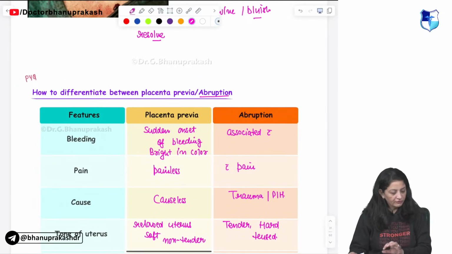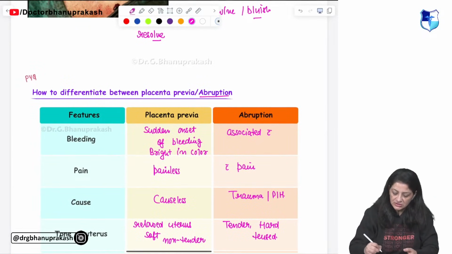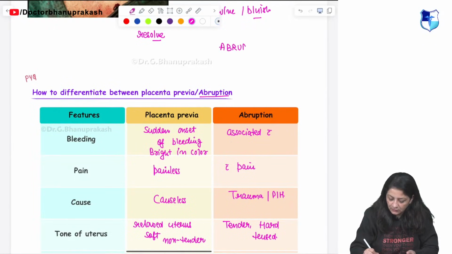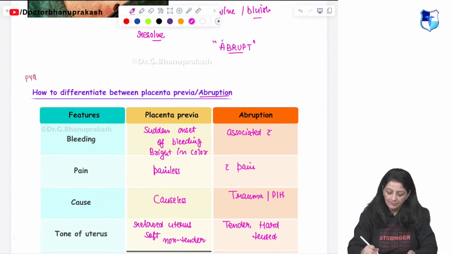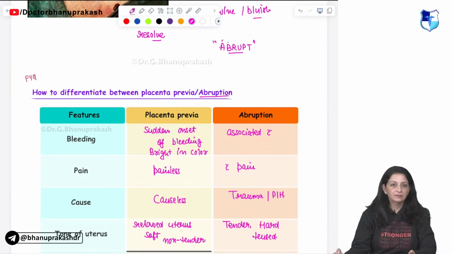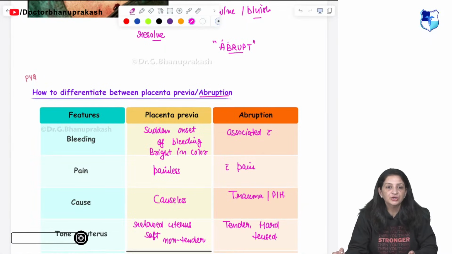Causes of abruptio placenta: just remember the mnemonic ABRUPT. A stands for advanced maternal age. B means blood pressure disorders like preeclampsia and pregnancy-induced hypertension.